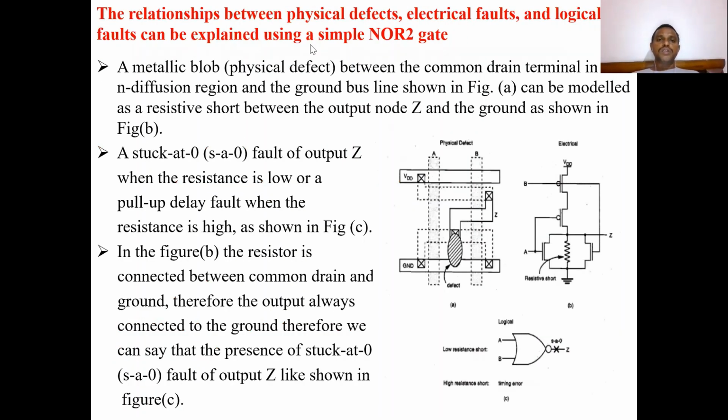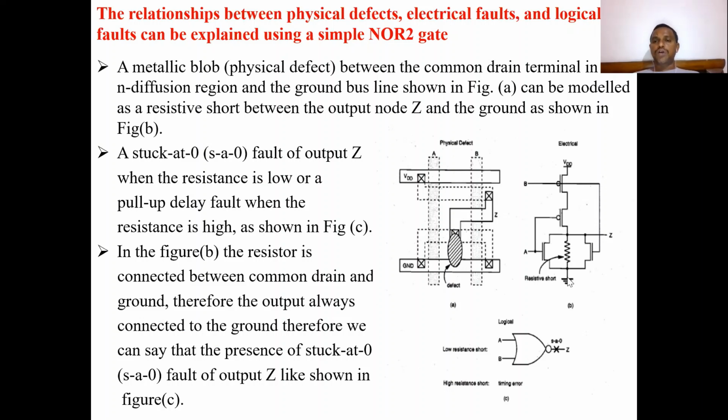The relationship between physical defects, electrical faults and logical faults can be explained using a simple NOR gate. As we have seen in stick diagrams and layouts, we know how to draw a NOR gate or NAND gate.